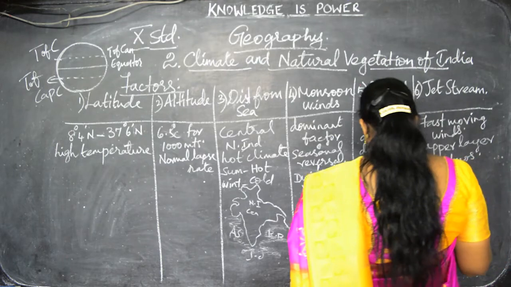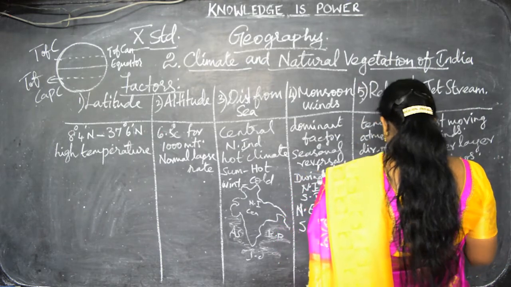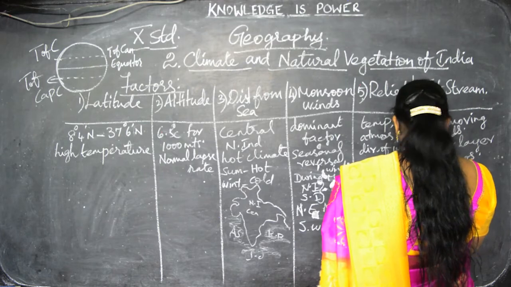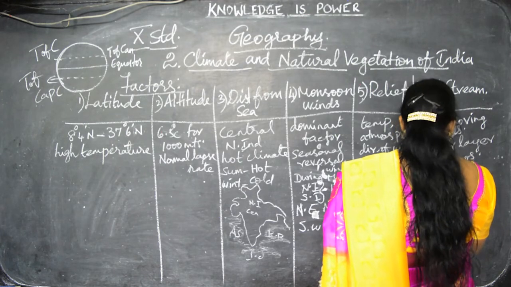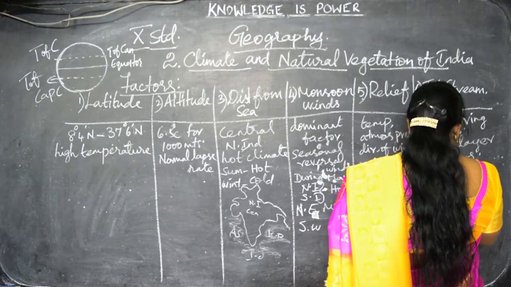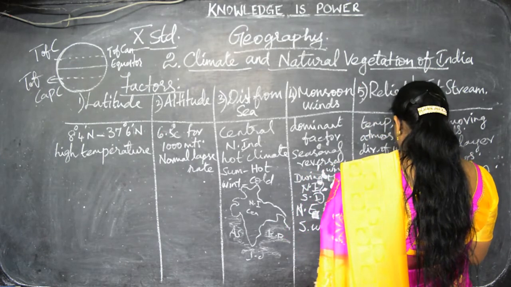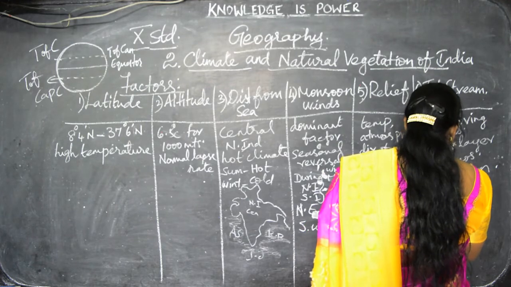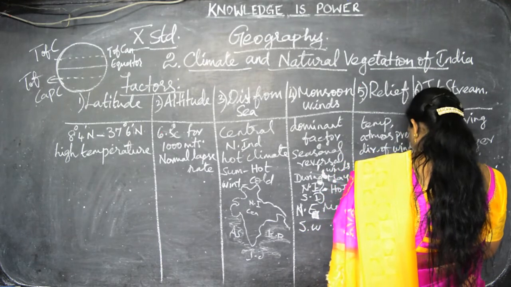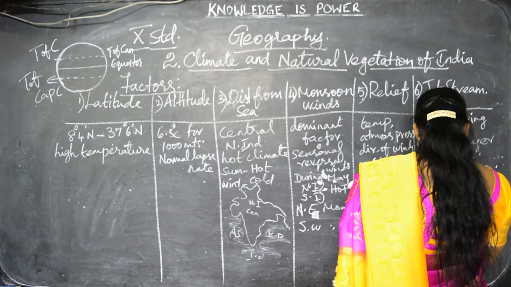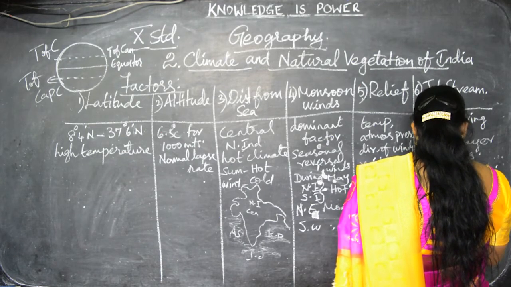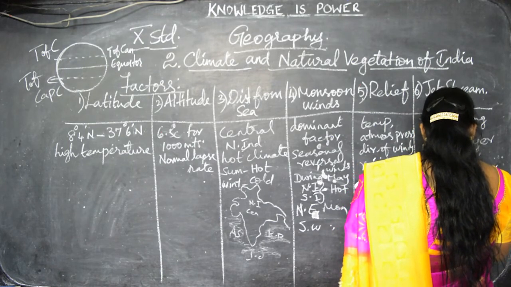Understand? And during the southwest monsoon, we can see this jet stream, especially towards India, towards the Tibetan plateau.